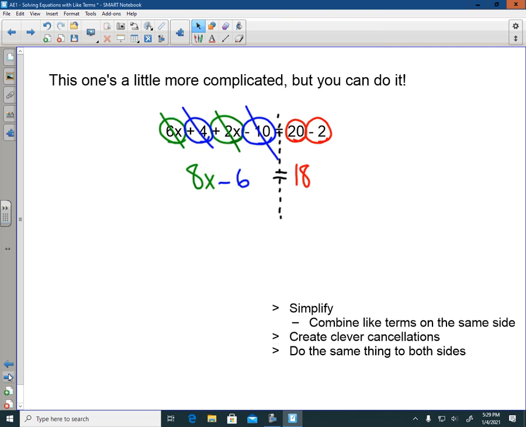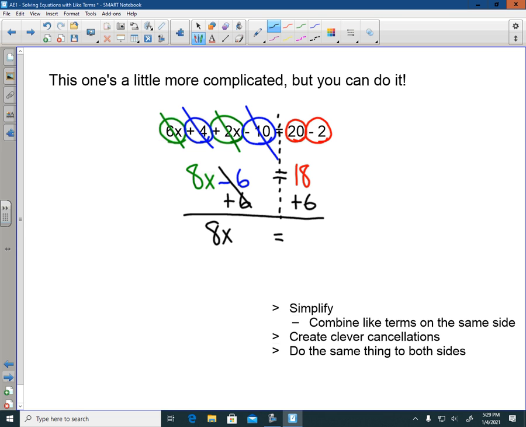We're going to start on the side that does have the variable, cancel the term that does not, and so we want to add 6 to both sides, creating this cancellation. The 8x we haven't done anything with, and that's going to equal, what is 18 plus 6? 18, 19, 20, oh, it's 24.